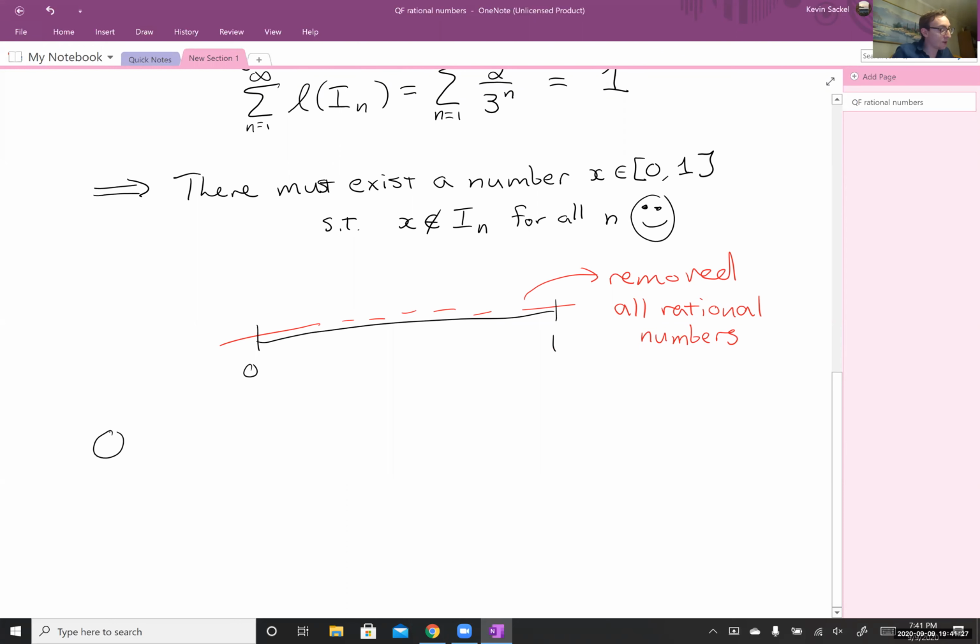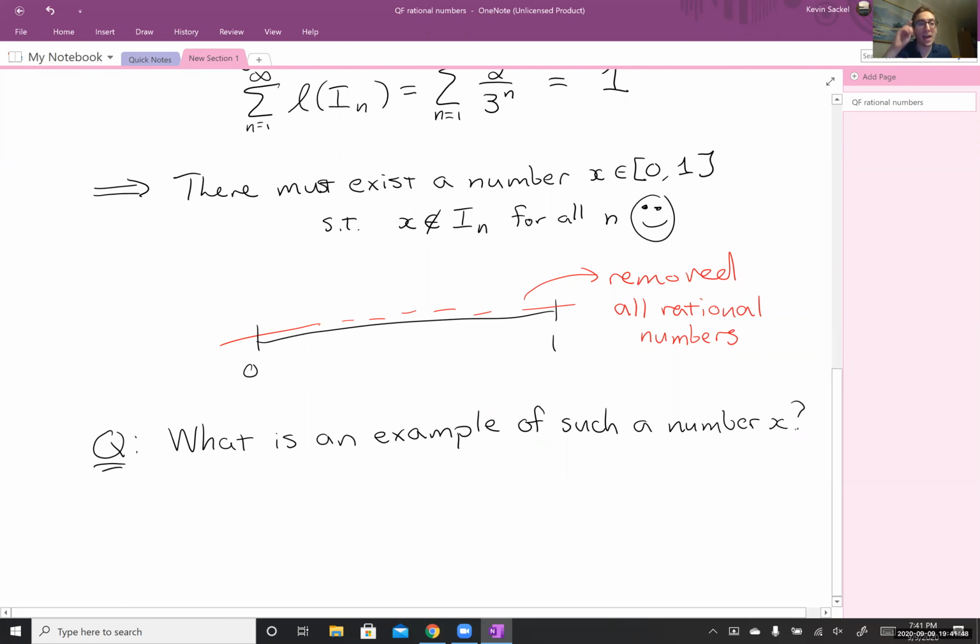So there's a motivating question, though, and this is what my friend Ahmad asked me. He said, what is an example of such a number x? Right, so we know that these x must exist, or at least maybe you believe me that these x must exist.